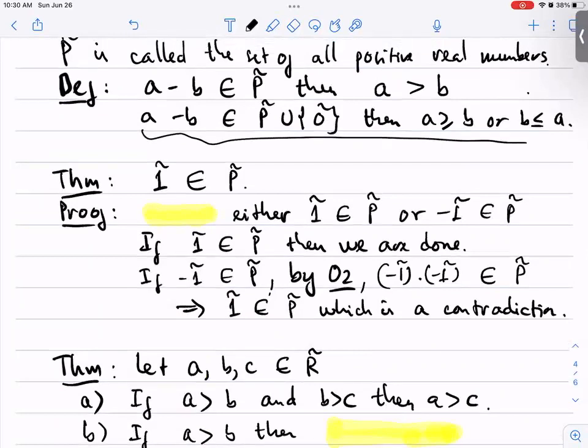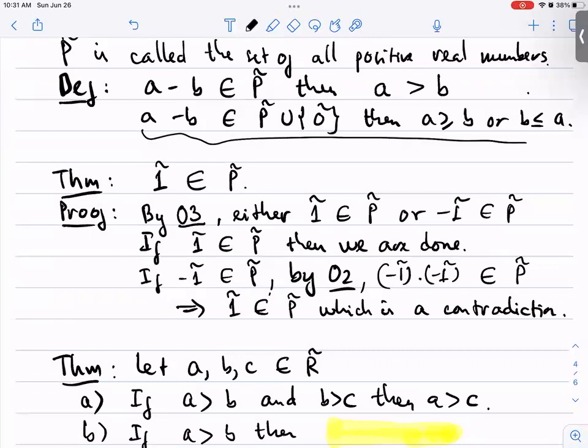So in this case, obviously, because 1 is not equal to 0, by O3, the third order axiom, either 1 belongs to the set of positive numbers, or minus 1 belongs to the set of positive numbers.